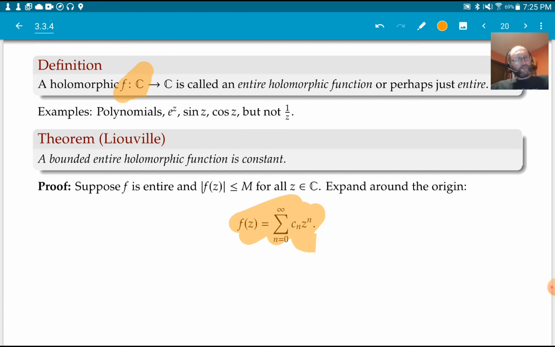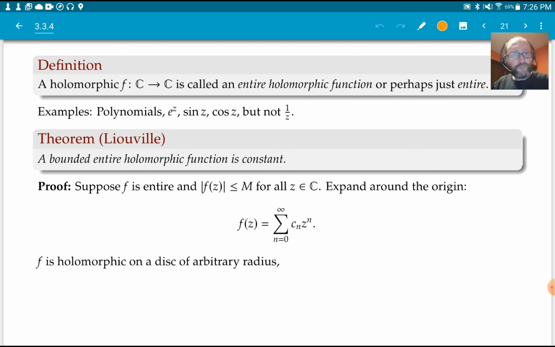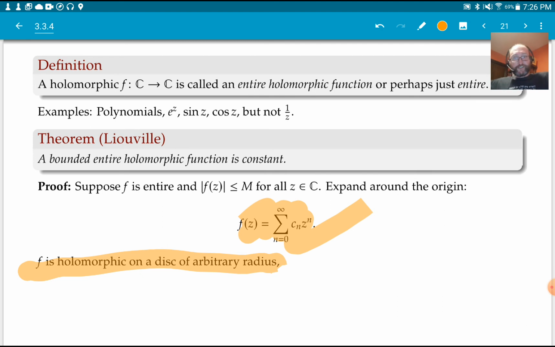And we know that the power series is going to converge in any disk around 0 that's inside the domain, and that's any disk of arbitrary radius. So f is holomorphic on a disk of arbitrary radius, and the power series converges on a disk of arbitrary radius. But mainly it's holomorphic, so I can apply Cauchy's estimates.